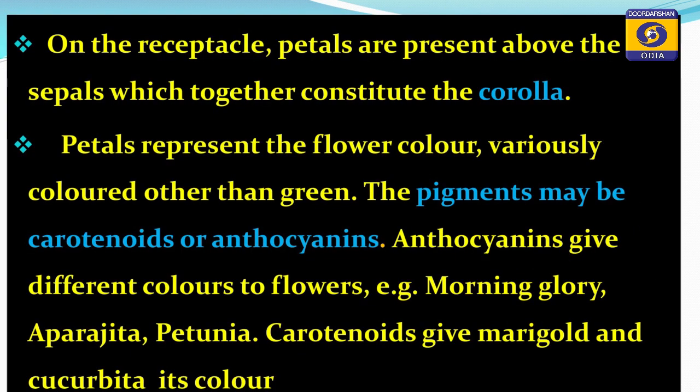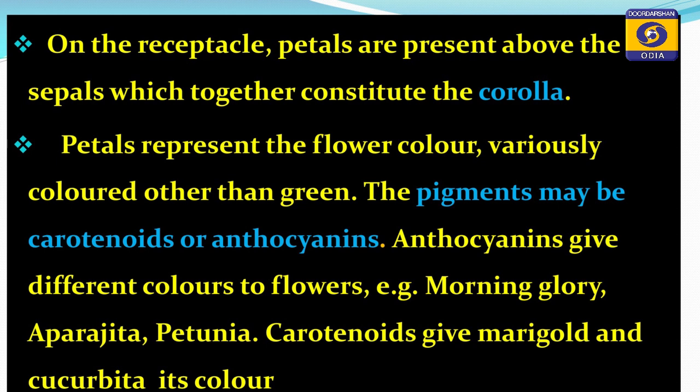On the receptacle, petals are just above the sepals, which together constitute the corolla. In flowers, we will be discussing more about these petals, because petals are variously colored. The color of the petals is other than green; they may be red, they may be bluish, they may be of different colors.